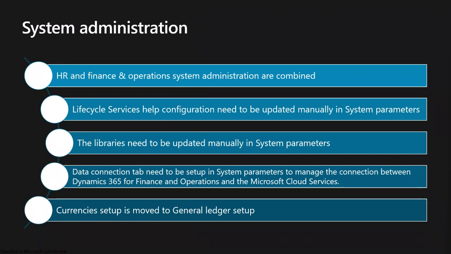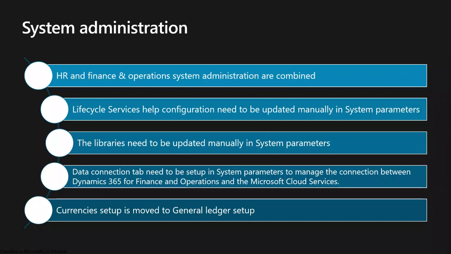The HR and Finance and Operations system administrator role is combined. In standalone human resources infrastructure, you had a system administrator role, which gave access to everything in human resources. When you migrate, or if you're deploying a brand new environment on the merged infrastructure, the system administrator role is an out-of-the-box role that you can't actually modify, and it gives access to everything.